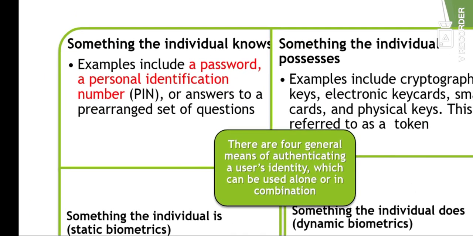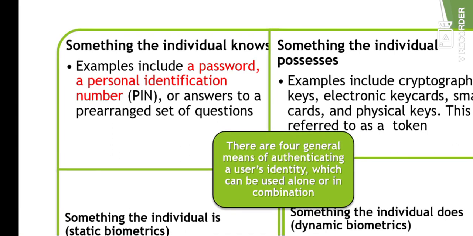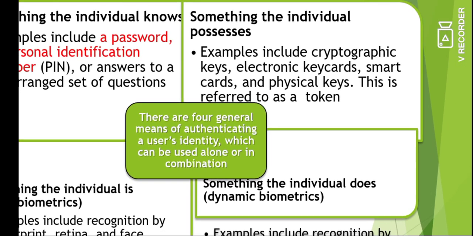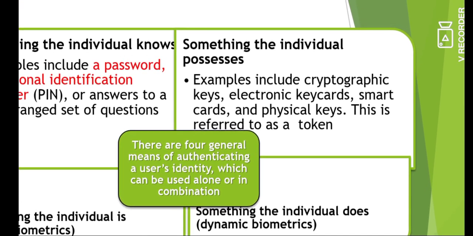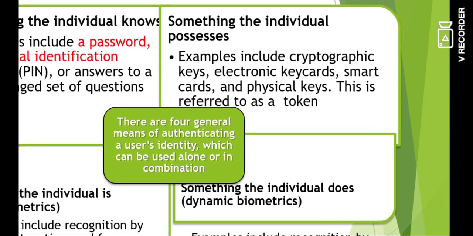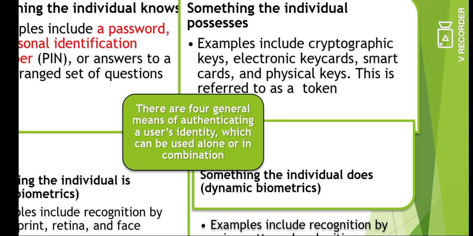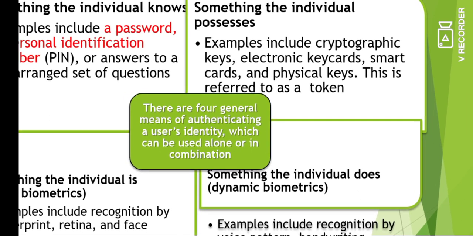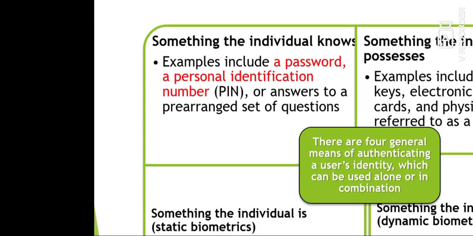Something the individual knows: the person may know his password, his PIN number, or he may answer a set of questions like date of birth, favorite color, first school, etc. Something the individual possesses: he may possess his ID card, his smart card, or physical keys. They are referred to as tokens. Through these cards we can authenticate the users.